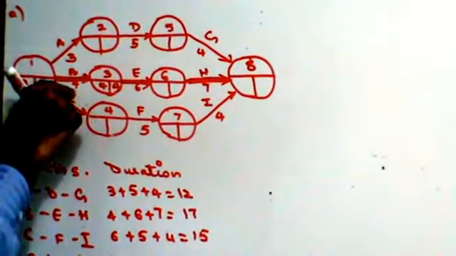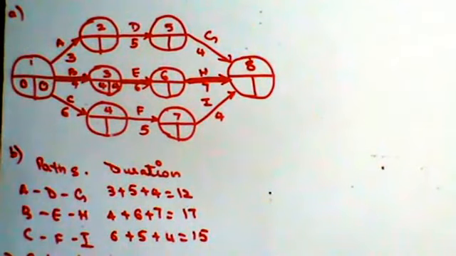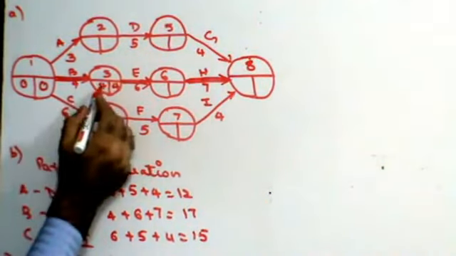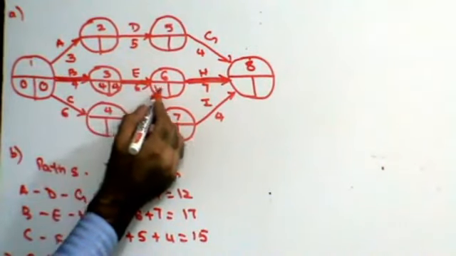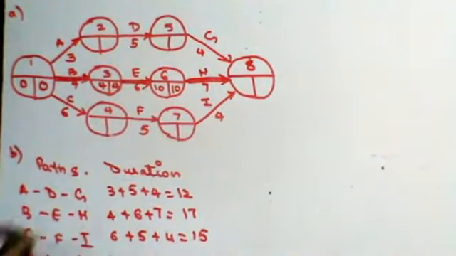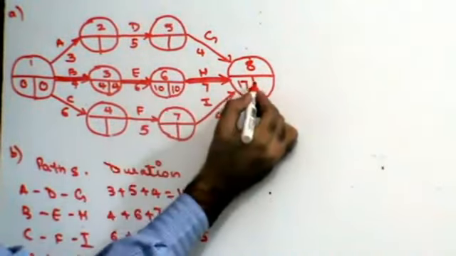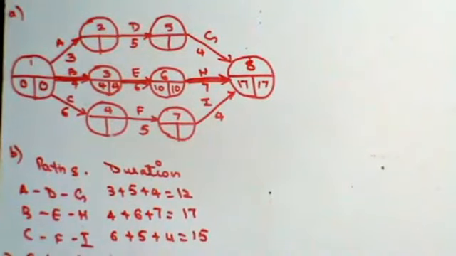So 0 plus 4, 4. What about that 3? First you have to work with the critical path. Then 4 plus 6, 10. 10 plus 7, 17. So first thing that you do is you work out the timing of your critical path.